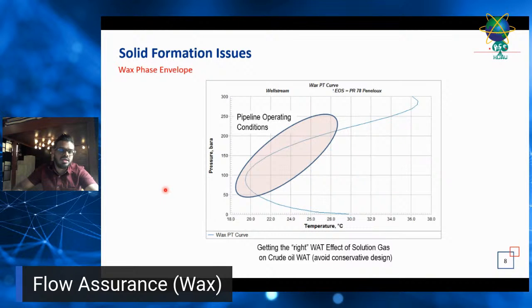It's a solid, and it may cause plugging to your valve bores or your flow line, or it can clog your pump screens or pump filters. Asphaltene is an issue especially if it is in the valve bore.